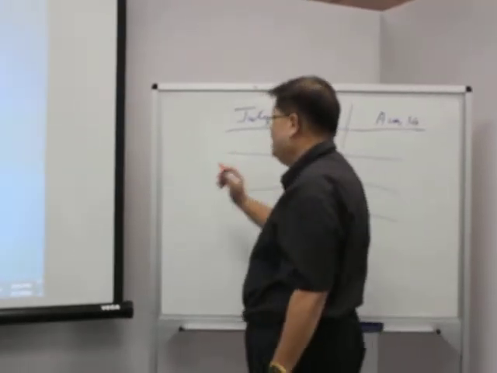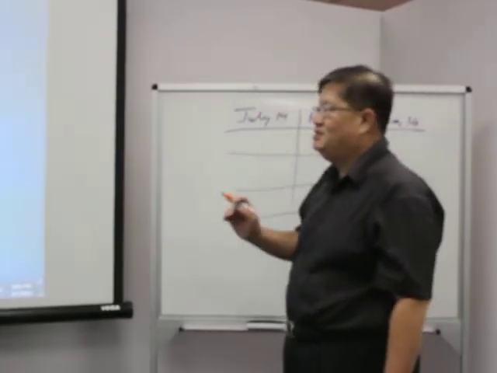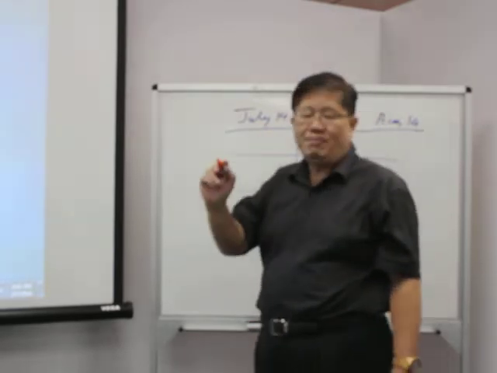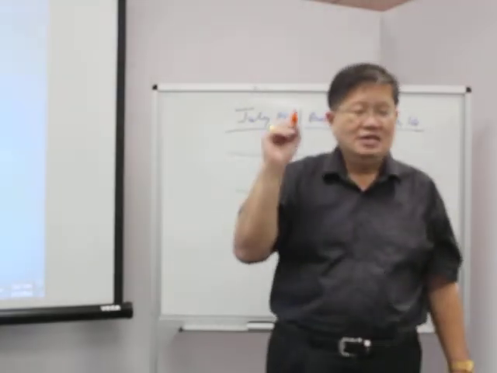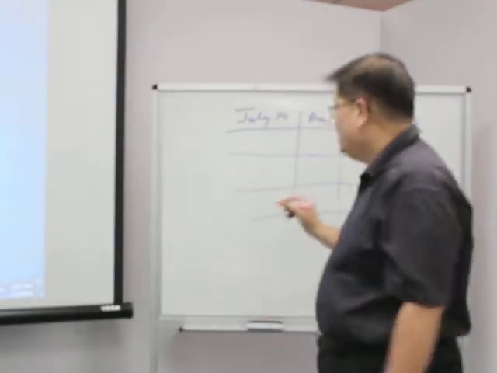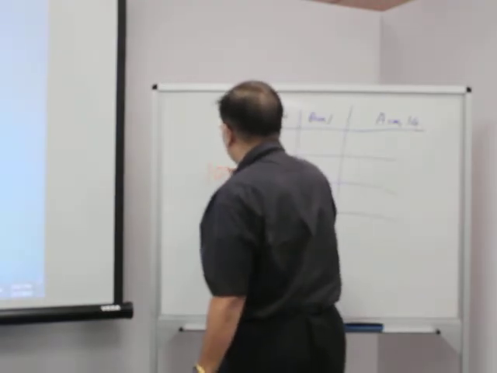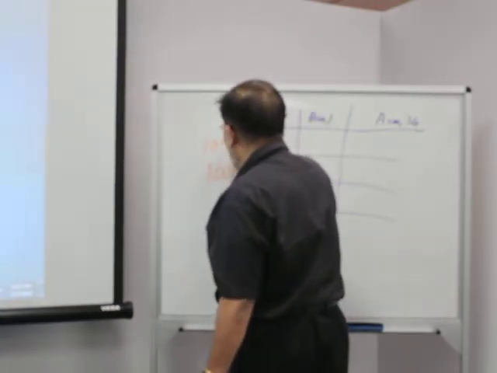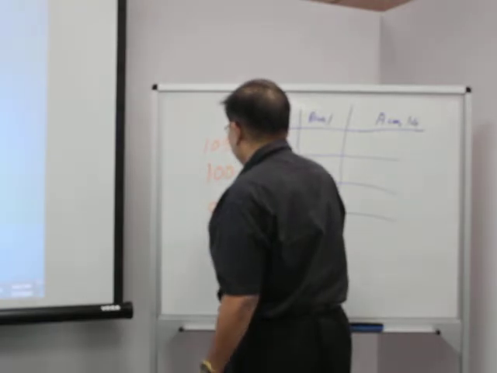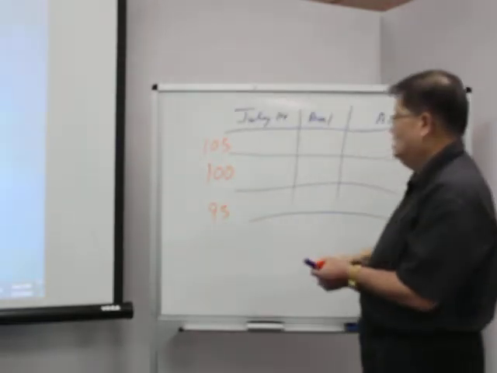A calendar is simply this: same strike price, different expiry. For the question, we say here is a 100 call, 105 here, 95 here. So what is a diagonal?